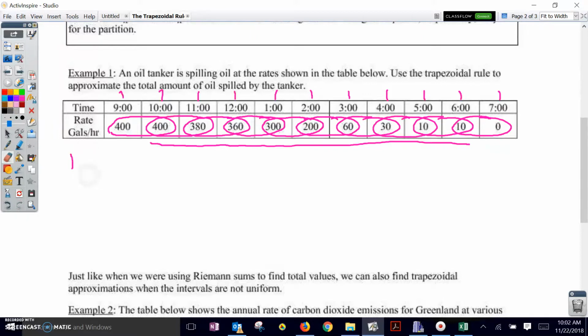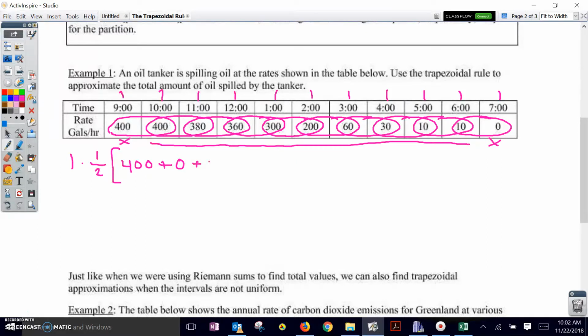And so I'm just going to factor out that 1/2 from taking the average of all of these, and then I can just add all of the measurements together. I have the two that are counted only once, the 400 on the left, and the 0 on the right.